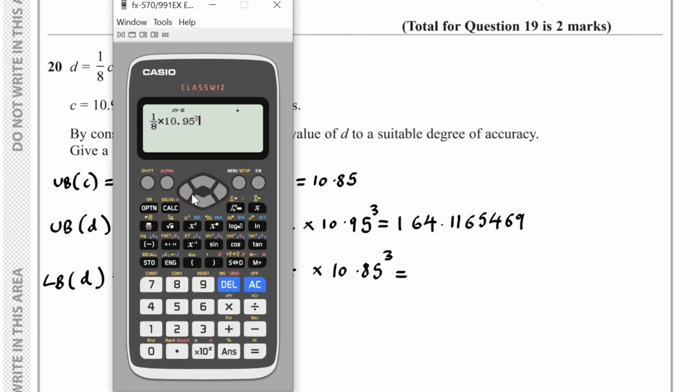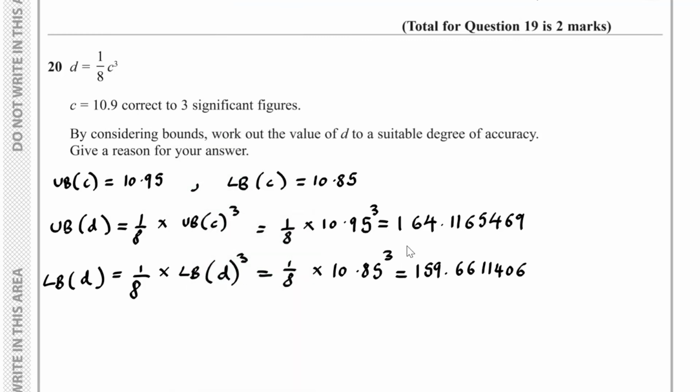So if we change this over, turns out we get 159.6611406. Okay, and you can see over here both the lower bound and the upper bound to 2 significant figures round to 160. So let's just write that down.